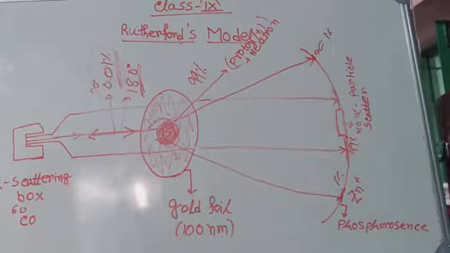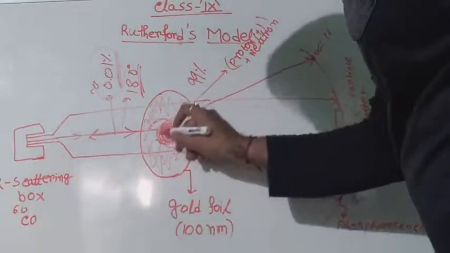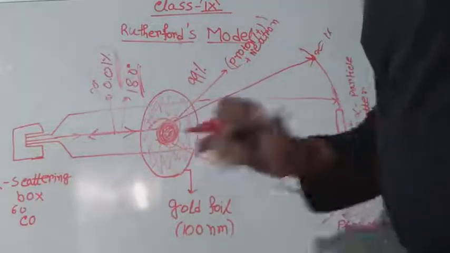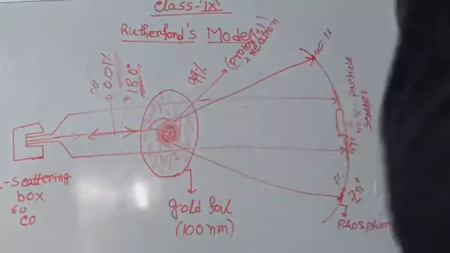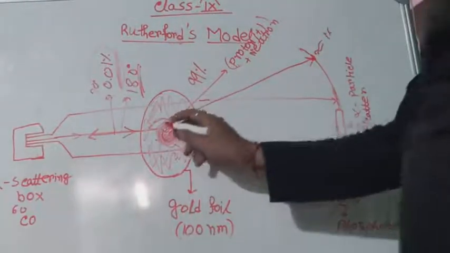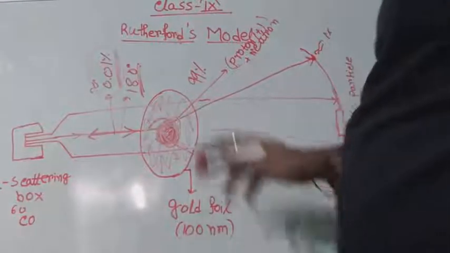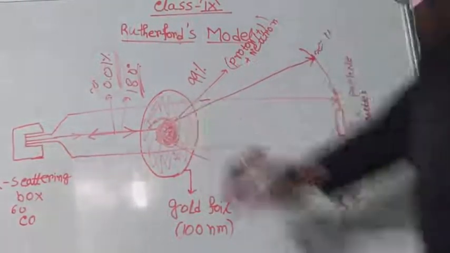The electron is negatively charged and the nucleus is a dense, concentrated mass which is positively charged. That means the positively charged particle has mass and the negatively charged electron has negligible mass. That means the maximum amount of mass is concentrated in the nucleus, so the nucleus has the highest mass density in an atom.